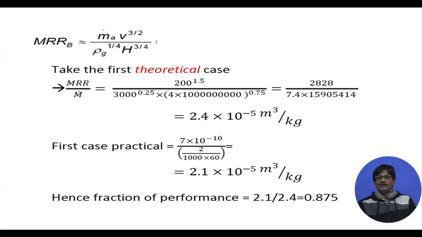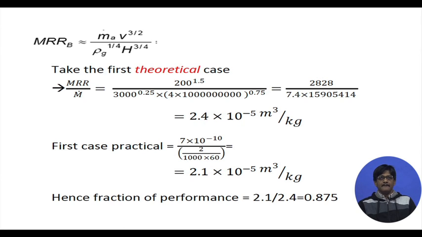All sorts of number crunching gives us 2.4 into 10 to the power minus 5 meter cube per kg. Okay, that is understood. 2.4 into 10 to the power minus 5 meter cube per kg of abrasive.